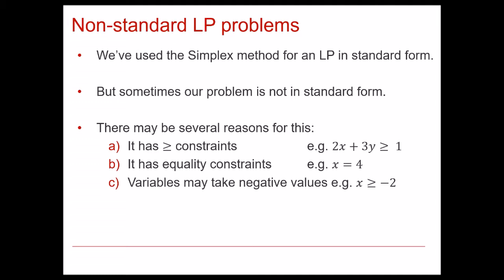So we might have a condition on x, it's say greater than or equal to -2, but it doesn't have to be non-negative strictly. And finally, it could be that we are dealing with a minimization problem instead of a maximization problem. So any of those things would mean that what we've seen so far wouldn't be quite good enough.